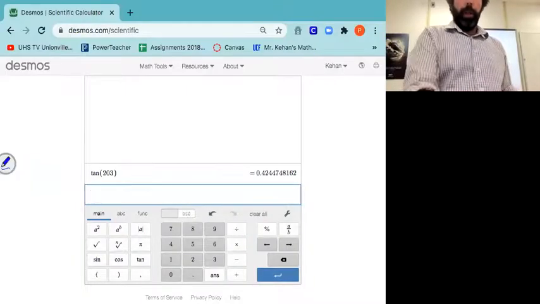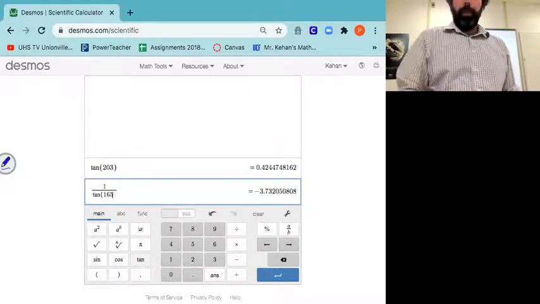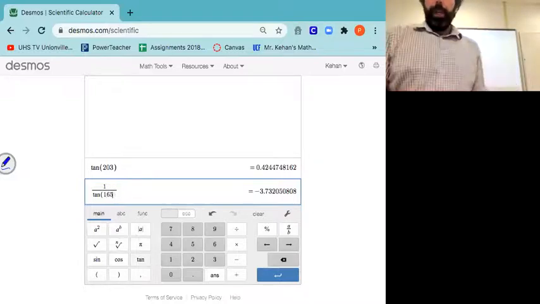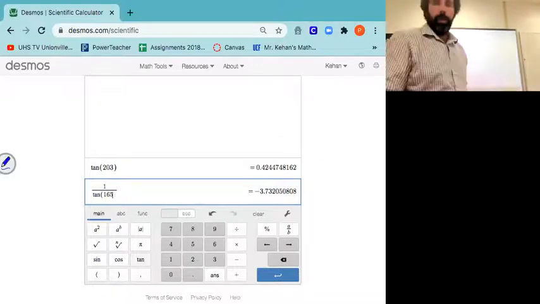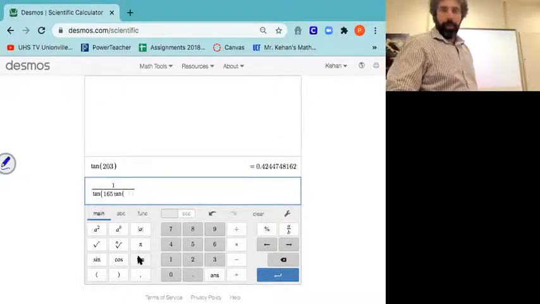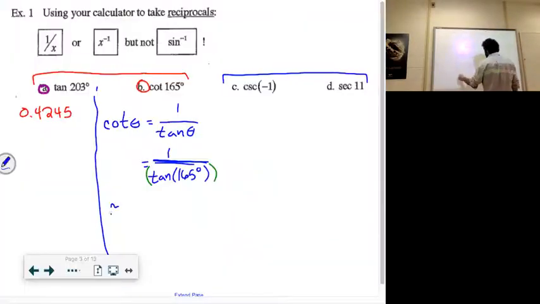I would do 1 divided by the tangent of 165 degrees, and that produces a negative 3.732.